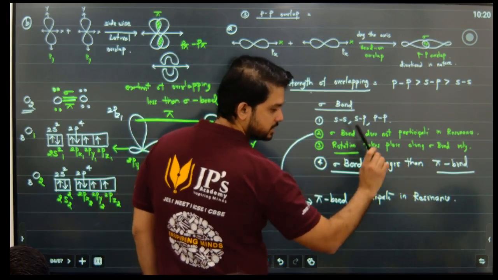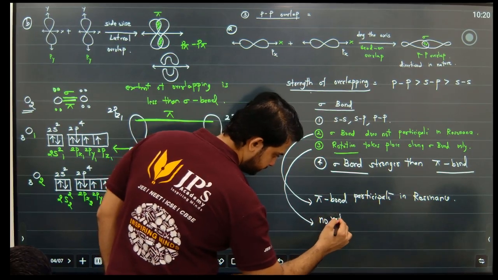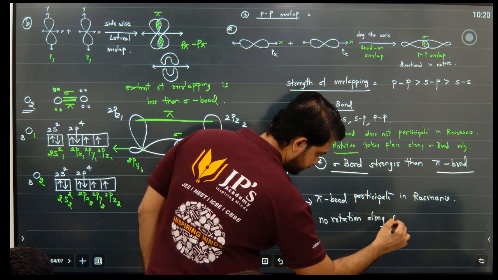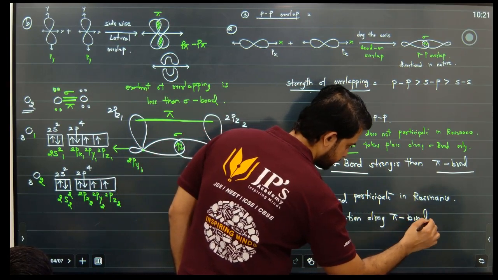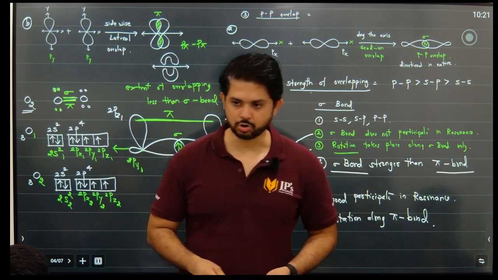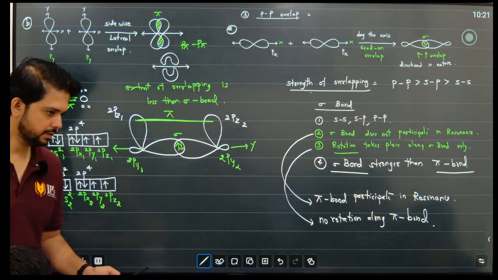Rotation takes place along a sigma bond, no rotation along a pi bond. And sigma bond is stronger than pi. Did you people get that?